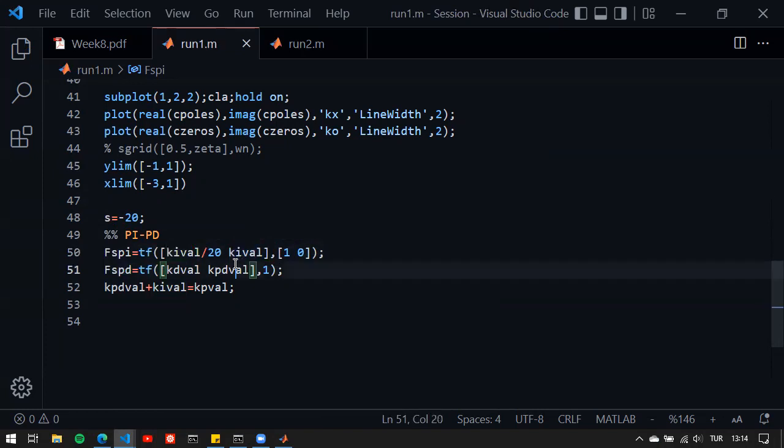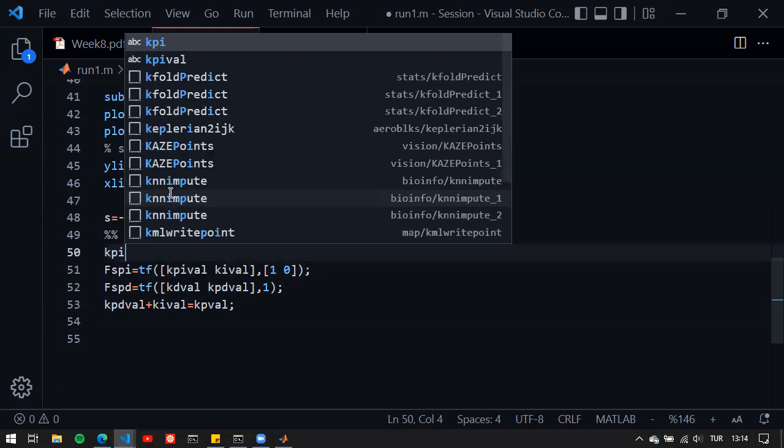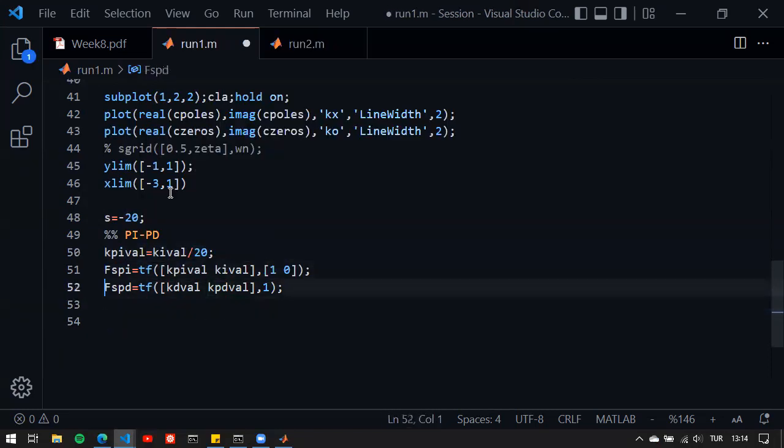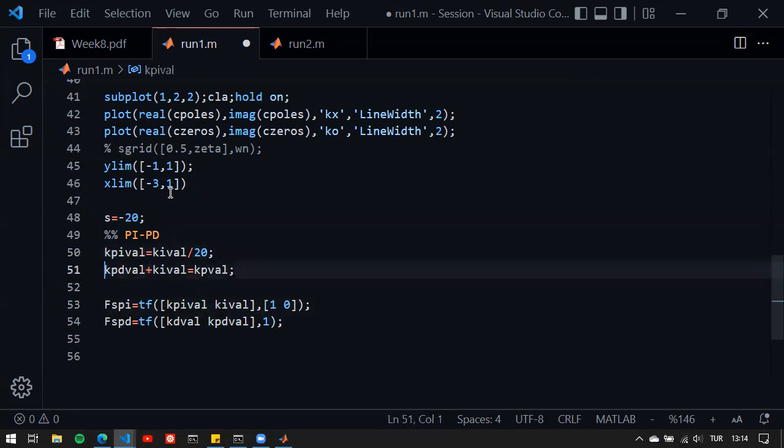We're not changing KI val, but we are determining the gain part here. So therefore, we can say KPI val should be KI val divided by 20. According to this relation, KPD val would be KP val minus KI val, KPI val.